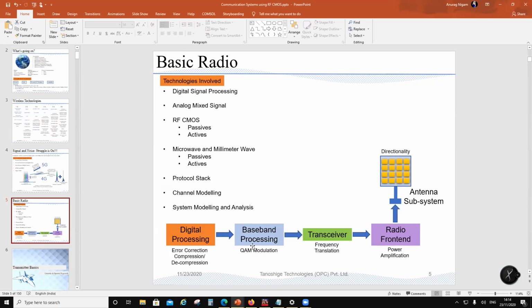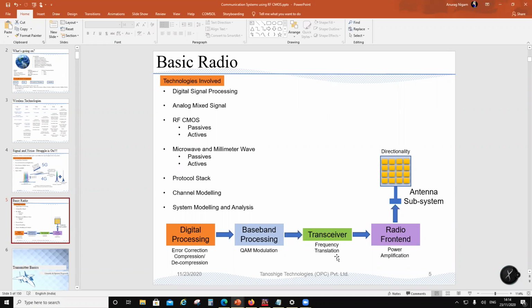I'm generating a baseband IQ signal. Once I have generated baseband IQ signals, I take I and modulate a sine, and Q modulate a cosine. Then I add them together and translate the entire frequency up to the carrier frequency.